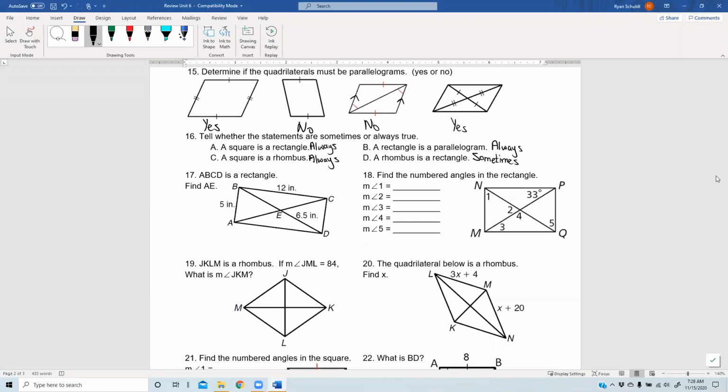Okay, number 17. It says ABCD is a rectangle. Find AE. Well, a rectangle is a parallelogram, which means diagonals have to bisect, but also the diagonals are congruent.